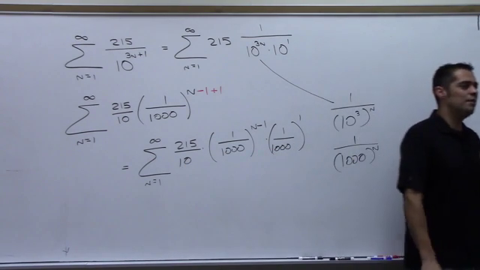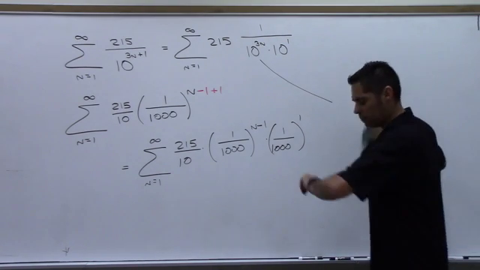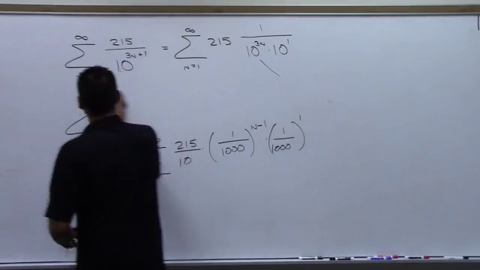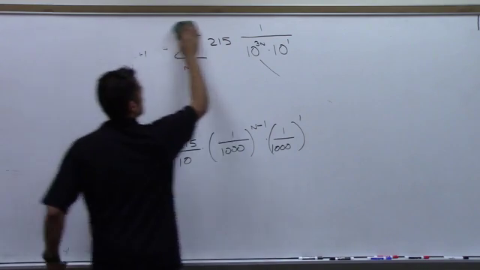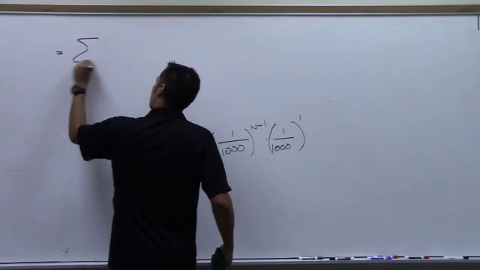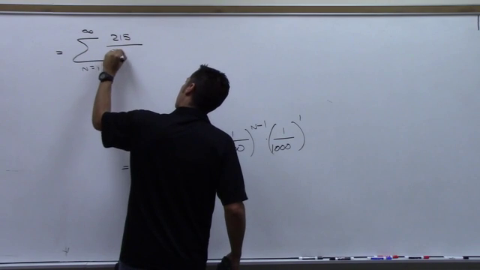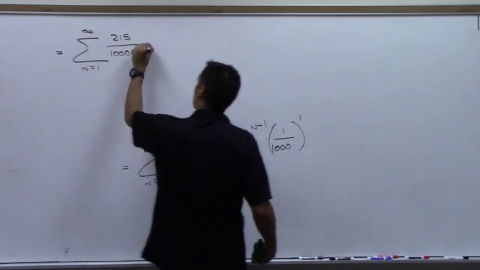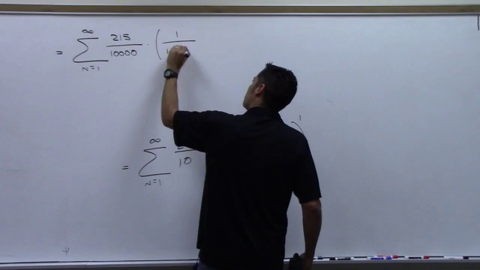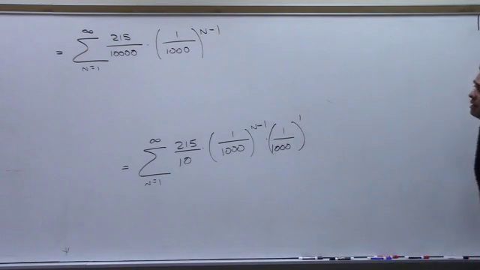So that's going to become 215 over 10,000 and then 1 over 1,000 to the n minus 1. And that is exactly the geometric series that I need, right? That's the form, a times r to the n minus 1.